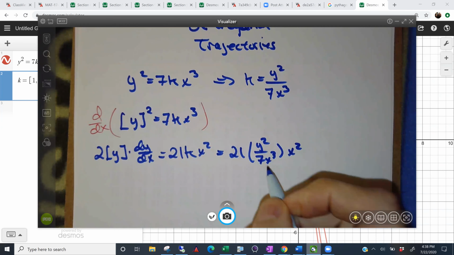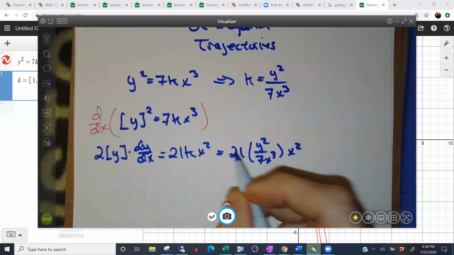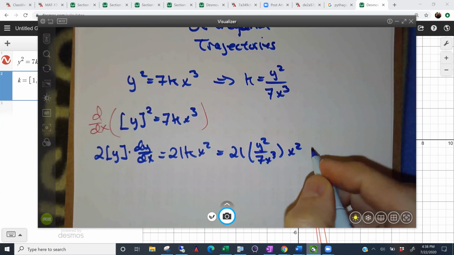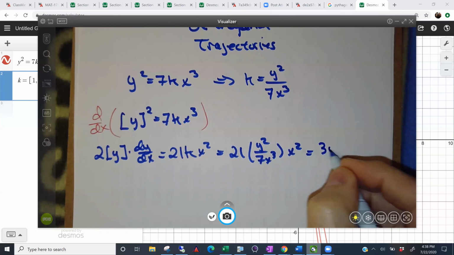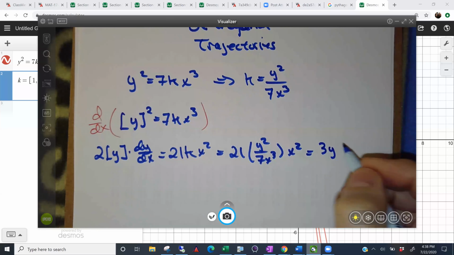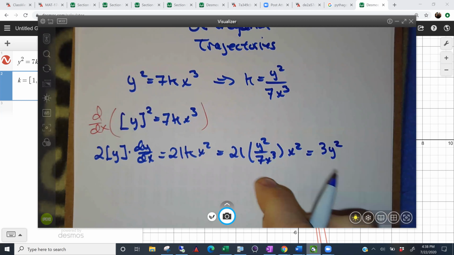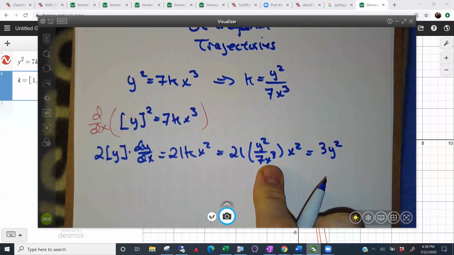And I can clean this up a little bit. 7 cancels into there 3 times. 2 of these x's are going to cancel. It's going to leave me with 3y squared over, what's going to be left? Just x, right?